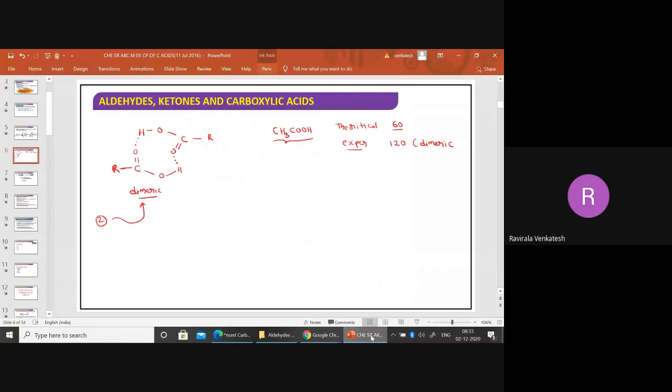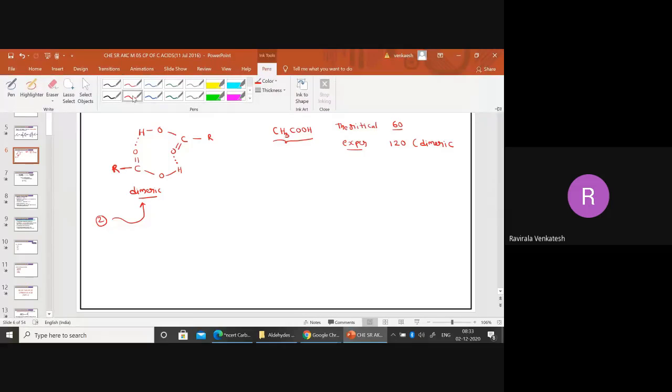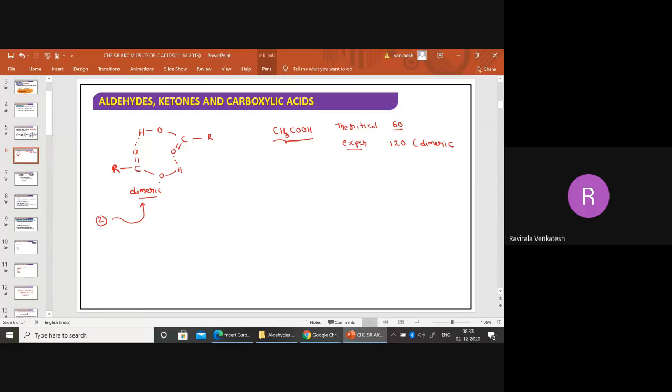If you observe what happened, I'm writing a carboxylic acid here like R C double bond OH.